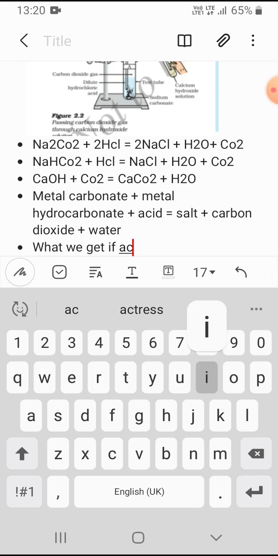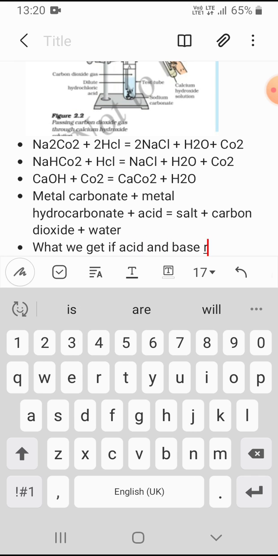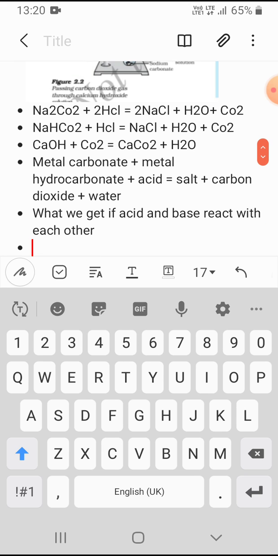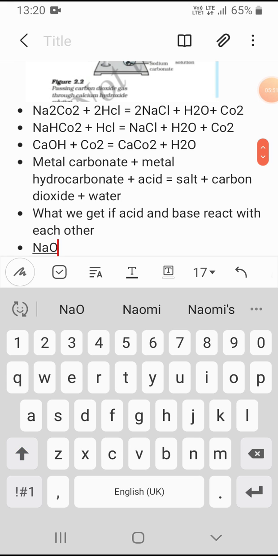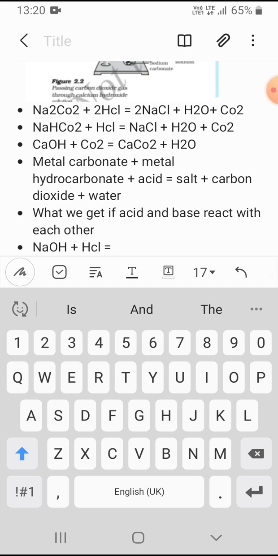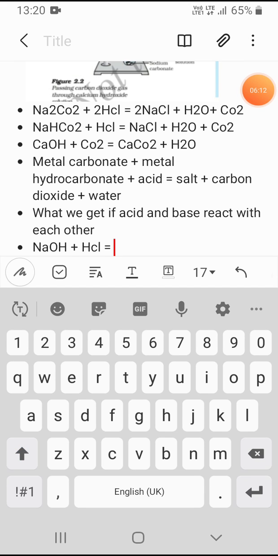So what do we get if acid and base react with each other? Let's know about that also. Sodium hydroxide, NaOH, plus hydrochloric acid, HCl, react with each other, and we get NaCl plus H2O.